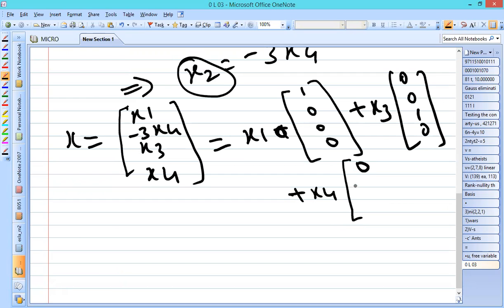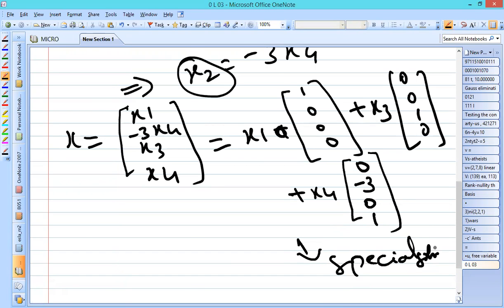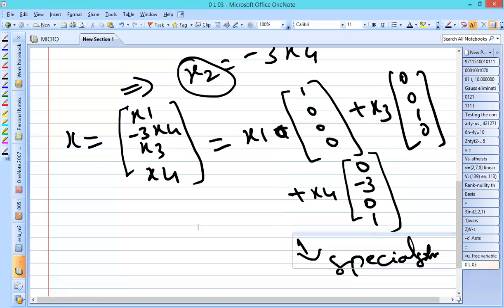So this x4 has to be multiplied with minus 3, and in order to get x4, you include 1 here. So these column elements multiplying x1, x3, x4 will be considered as the special solution for the given matrix A.